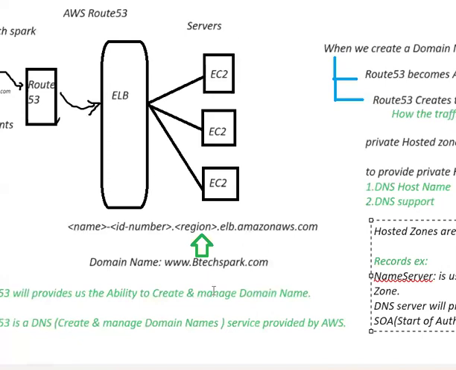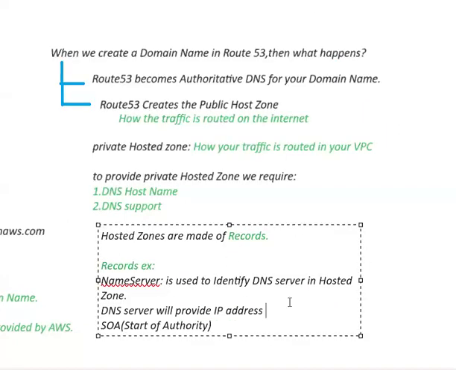When you type btechspark.com in Google, your browser looks for the domain name. The one that gives it is this DNS server. The DNS server is identified in the hosted zone by using the name server, and it will provide you an IP address or another domain name.